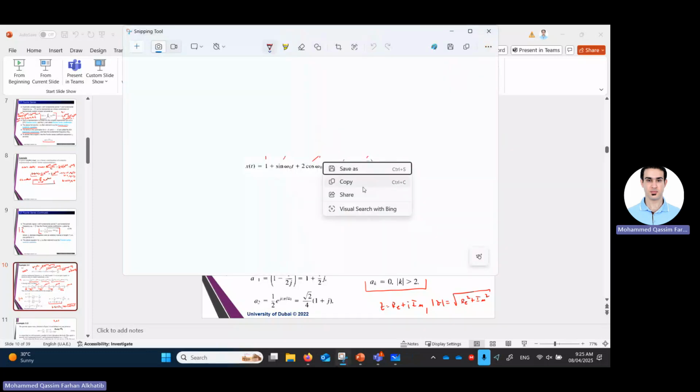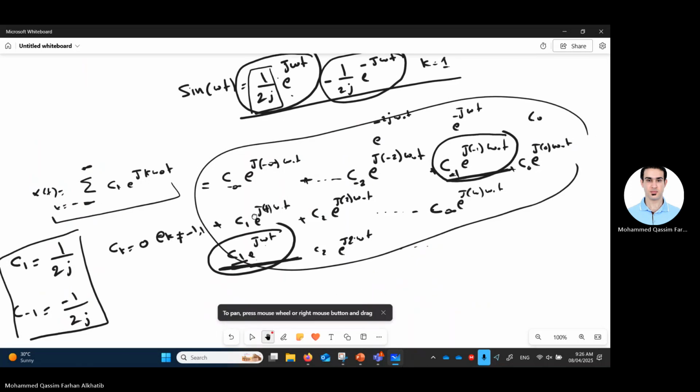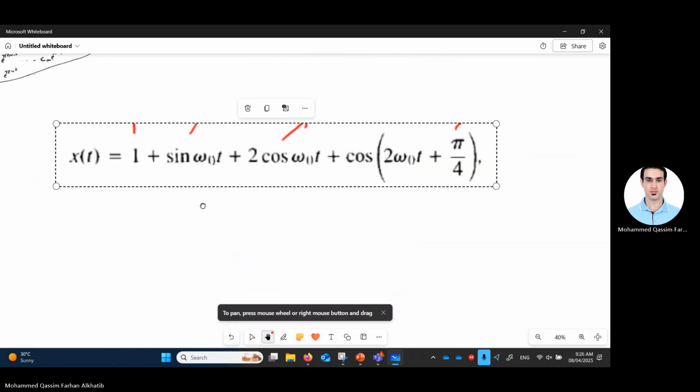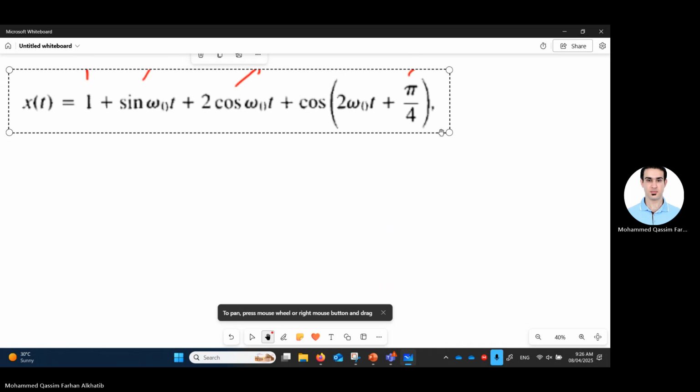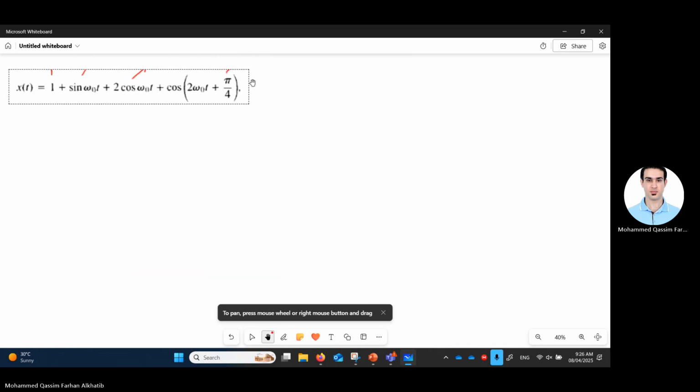Okay, copy it. All right, so here for each sinusoid, I will do the Euler identity.